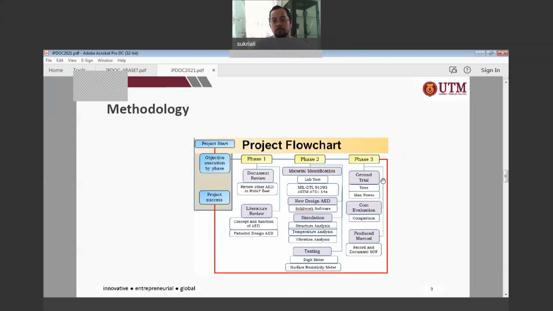Finally, we did a ground test to measure the manpower used and the time required to do maintenance with this newly proposed AAD.